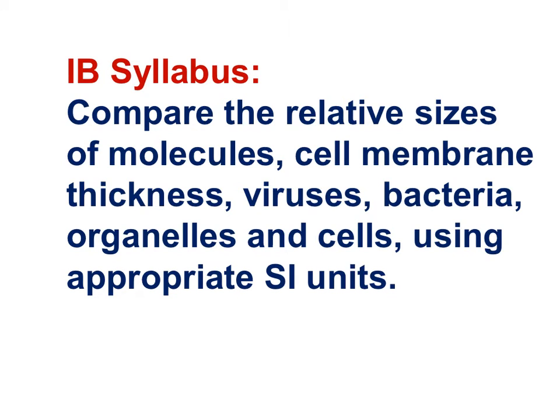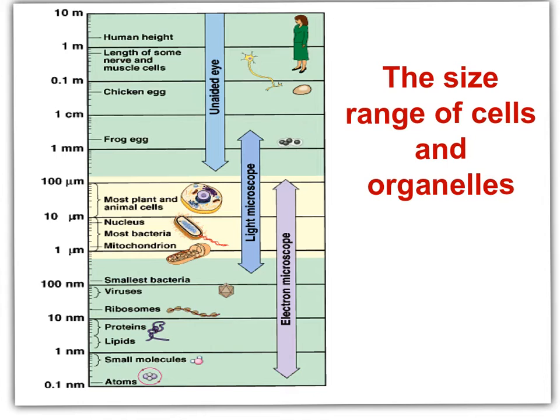Here's the next IB syllabus statement. Compare the relative sizes of molecules, cell membrane thickness, viruses, bacteria, organelles, and cells using appropriate SI units. Molecules are measured in nanometers, 1/1000th of a micrometer. Membranes are 10 nanometers thick.